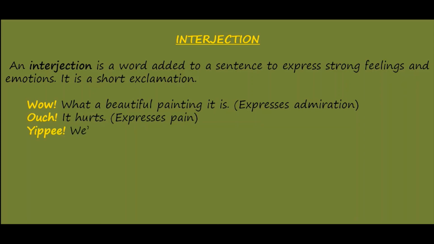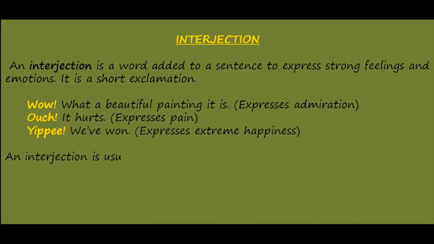And ouch here expresses pain. Ouch is an interjection here. And in the third one, yippee, we've won. And here, yippee is an interjection and it expresses extreme happiness. So many interjections are there. An interjection is usually followed by the mark of exclamation or exclamatory mark.